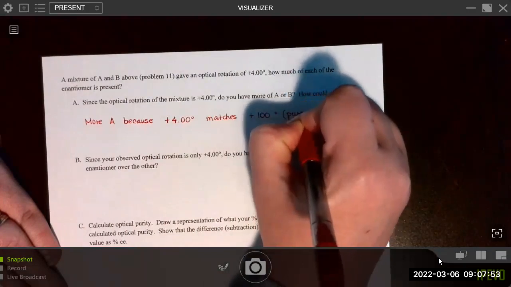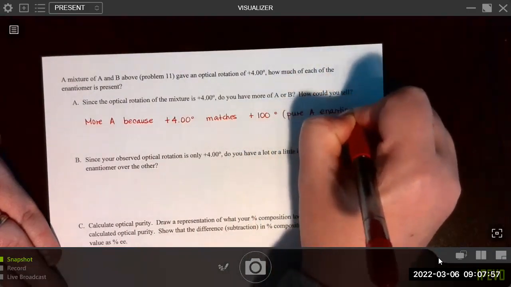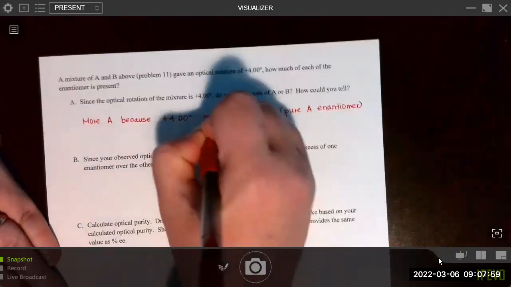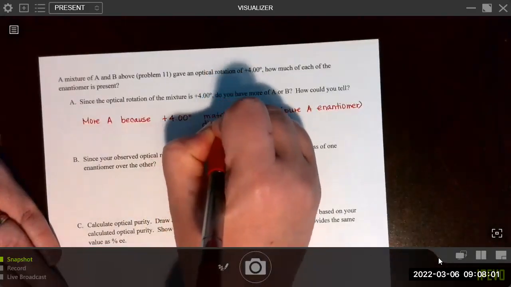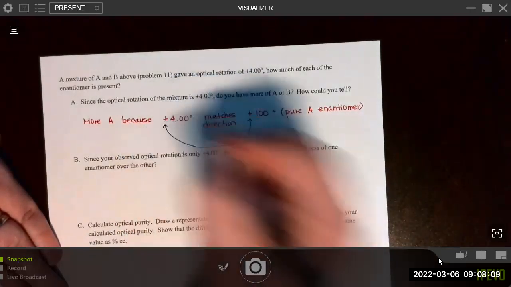So pure A enantiomer. Plus and plus. Okay.